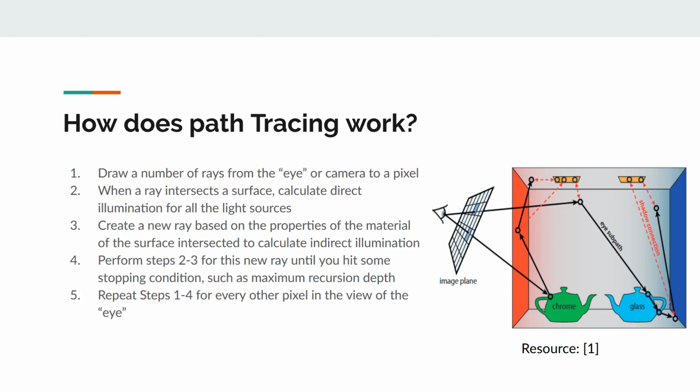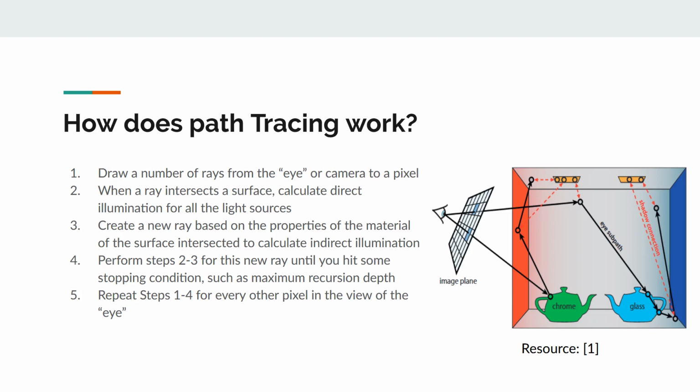When we create that new ray, after we hit a new surface with that ray, we have to calculate the direct illumination for all the light sources on that new surface. After we do that, we create another new ray to calculate the indirect illumination. And we'll keep on repeating these steps of hitting surfaces and calculating new rays to act as the light reflecting off of that surface until we hit some stopping condition, such as maximum surface depth or the ray bounces into a light source.